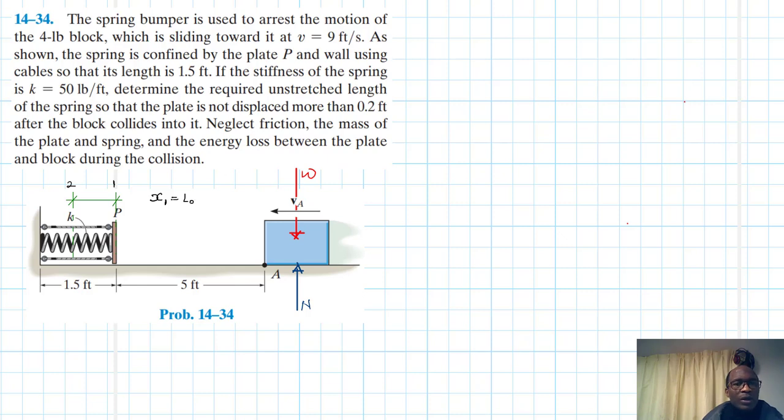Or instead of calling it like that, let me call this S. So I'll say S1 is just equal to X minus 1.5, where X is the original length of the spring.